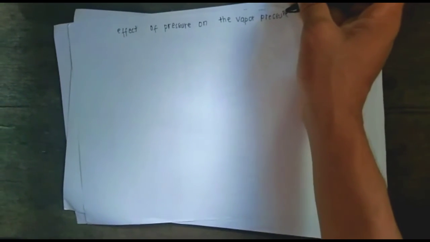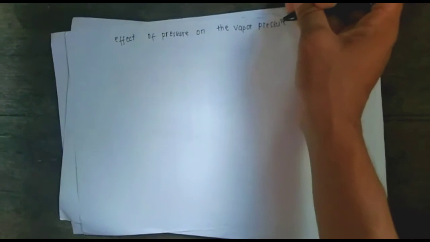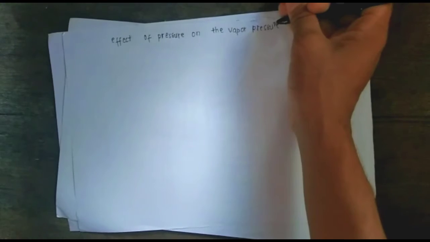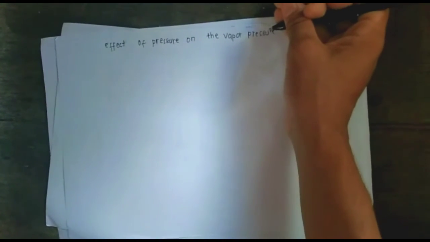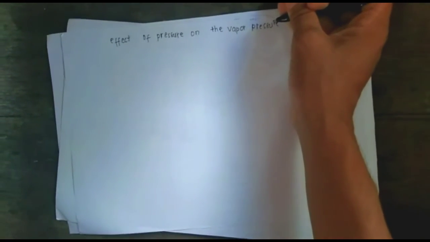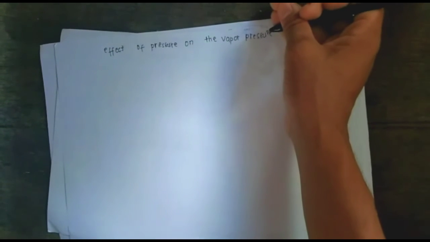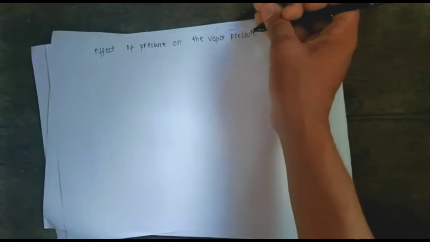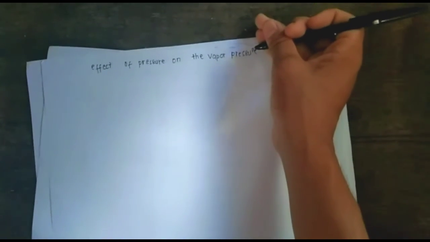Suppose that the liquid is confined in a container. In the space above the liquid, the vapor is confined together with an inert gas that is insoluble in the liquid. The vapor pressure p plus the pressure of the inert gas is the total pressure exerted on the liquid.